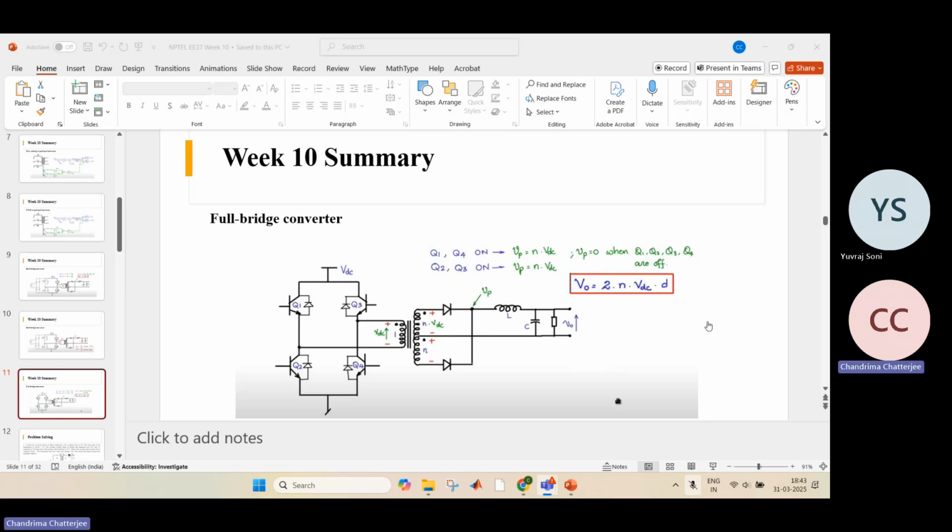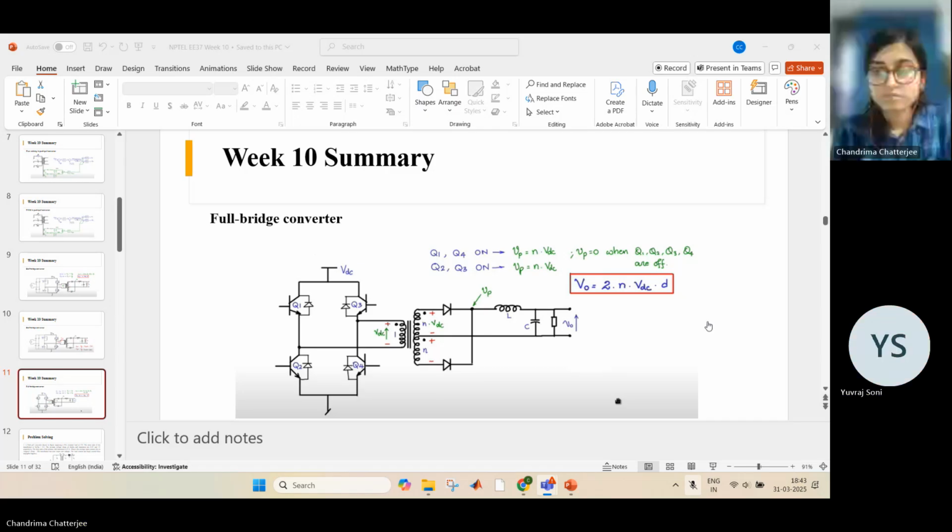The turns ratio of the transformer NS by NP is 0.5. The on-state voltage drops of diodes and transistors are given as 0.5 volt and 1 volt respectively. The duty ratio of the primary transistors is 0.25. What is the average input current?